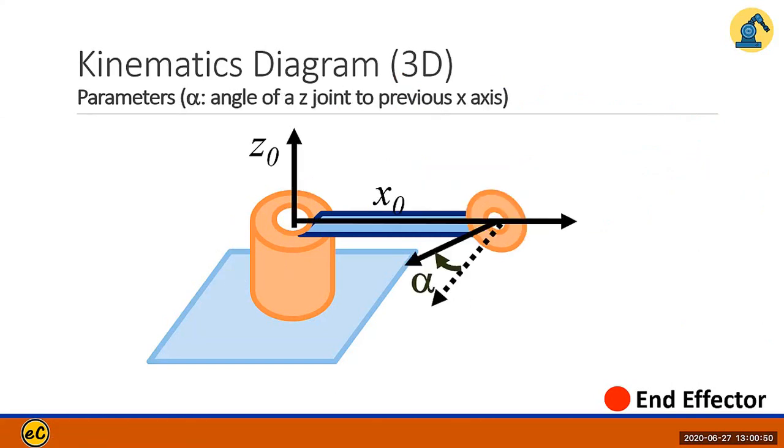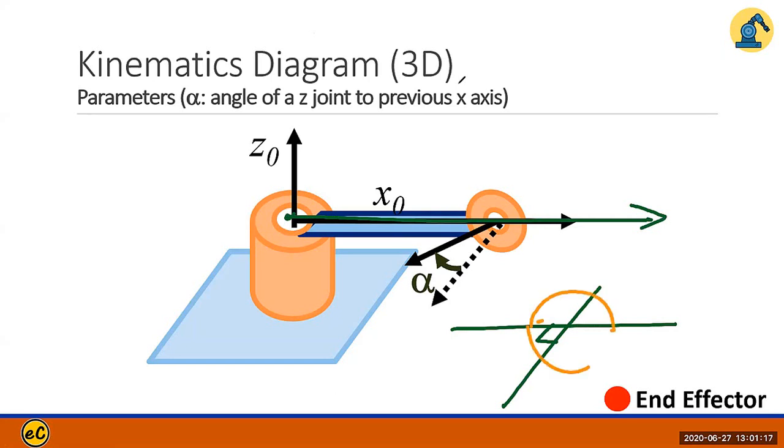The second parameter is alpha, the angle of the Z joint to the previous X axis. So right here, we have a revolute joint, and its X direction is right here. Regularly, we may have a Z direction that's perpendicular to it, and then the rotator direction is actually on here. The rotator is like this. But this one, you may have some angle, say its angle may be like this.